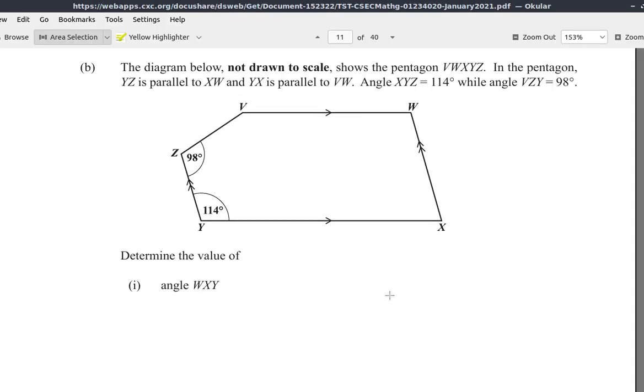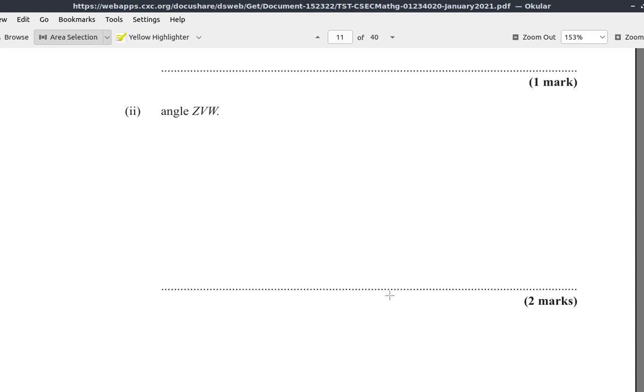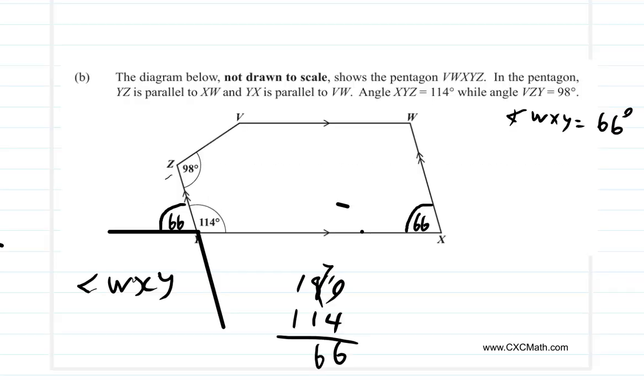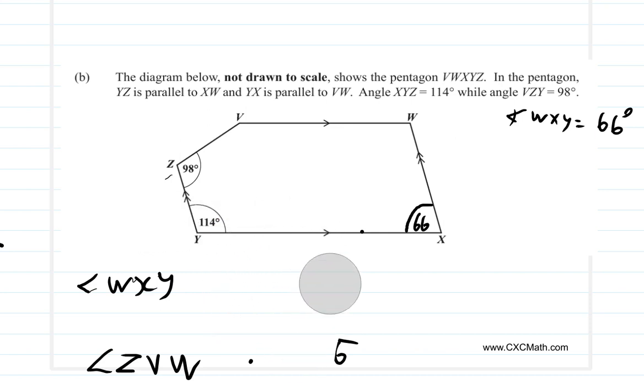Now, what else do they want you to do? Angle ZVW. So you must now find angle ZVW. Let's erase some of these things that we have here. Now, ZVW, where is it?